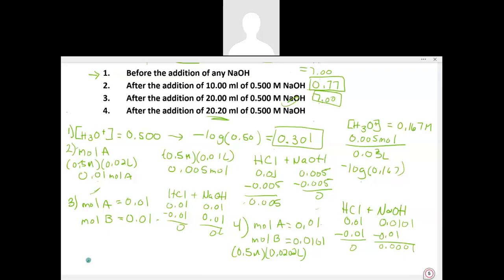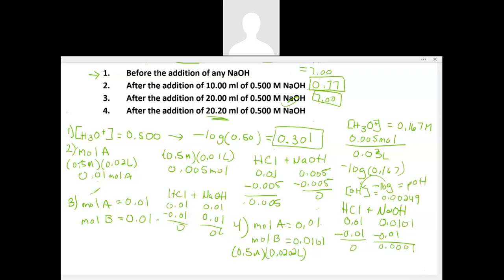So now I have my hydroxide ion concentration at this point because this is an excess. So now if I take the negative log of this, I'm going to get pOH. So let's do that. I'm going to take the negative log of my 0.0001 molar, and we get our hydroxide ion concentration equal to 0.00249.